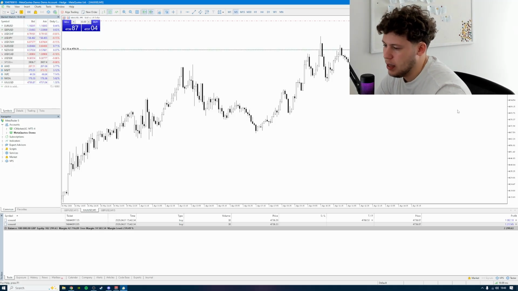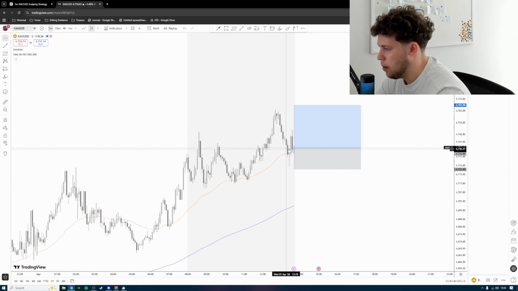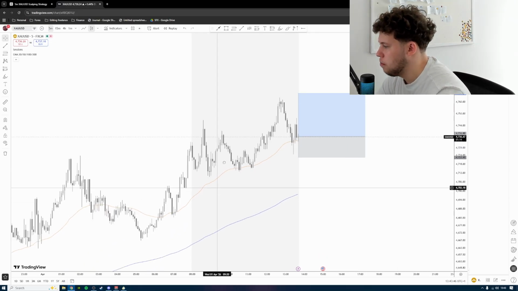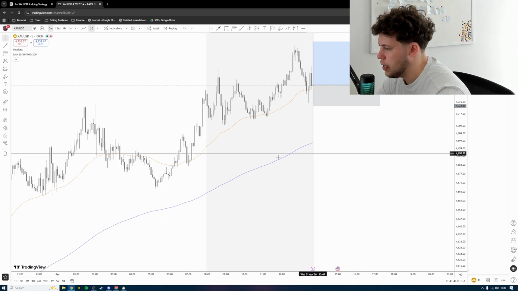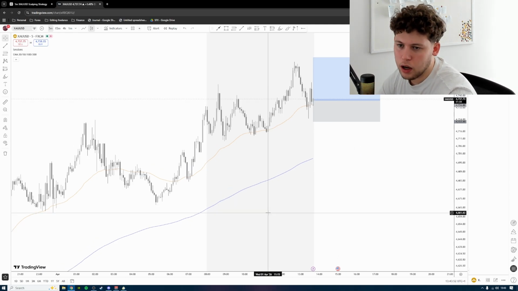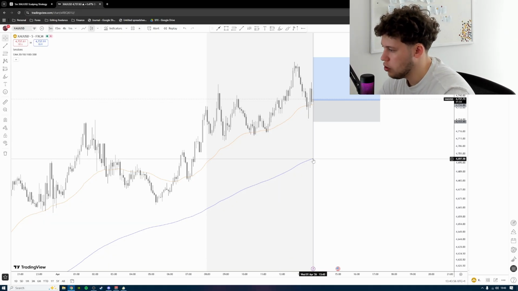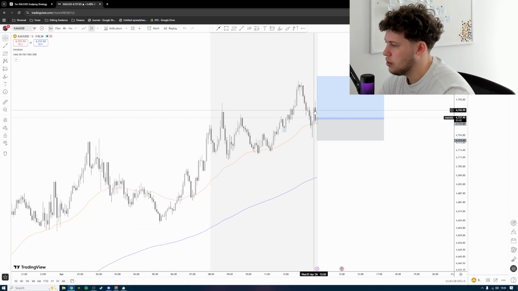The reason being is if we look at the strategy here, it said make sure it's trading above the 200, because it doesn't really matter on the time frame. I just thought the 1 minute would give us more opportunities, but it said it has to be trading above the 200, which it is, and it had to come in and test into the 50 and give a strong bullish candle, which it did.